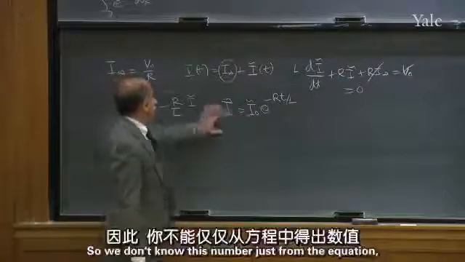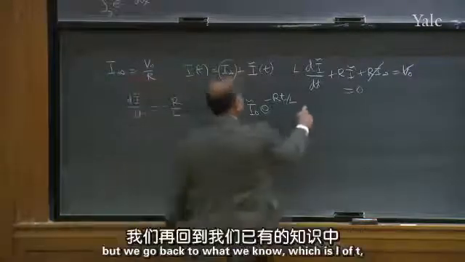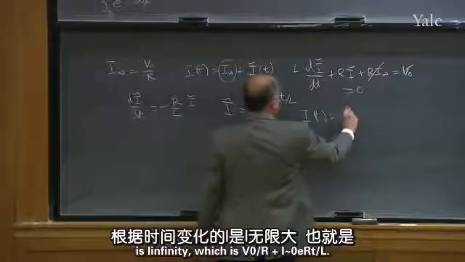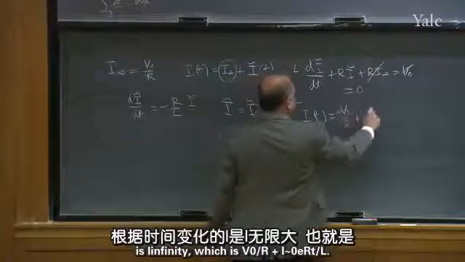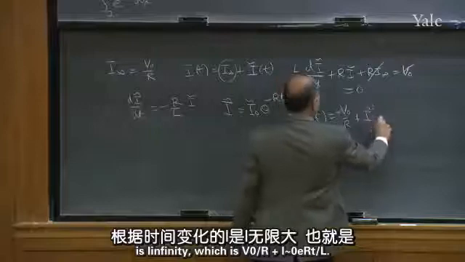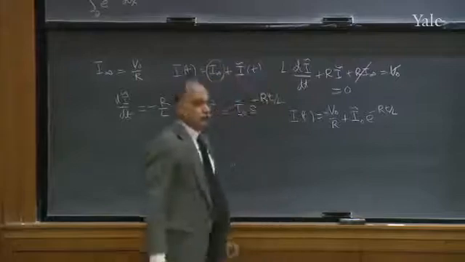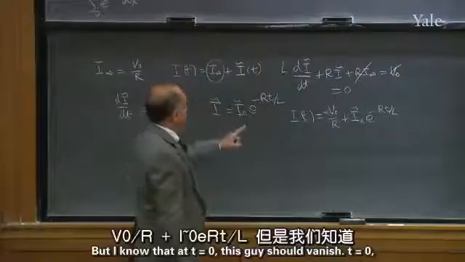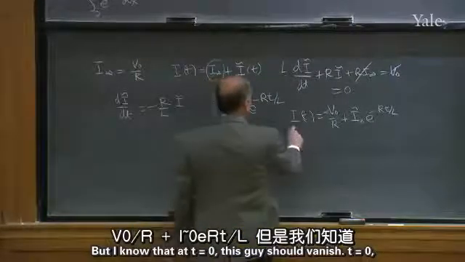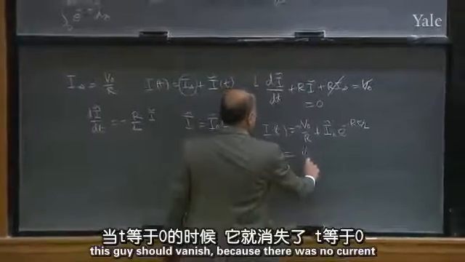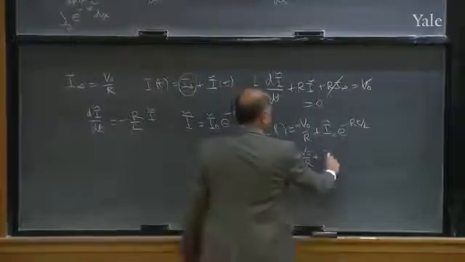So we don't know this number just from the equation, but we go back to what we know, which is I of t is I infinity, which is V0 over R, plus I twiddle 0 e to the minus Rt over L. But I know that at t equal to 0, this should vanish, because there was no current when I just threw the switch.